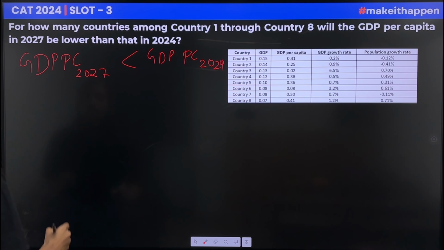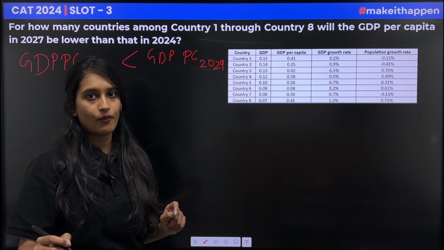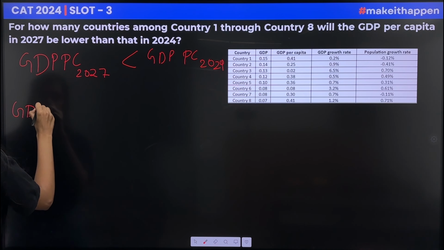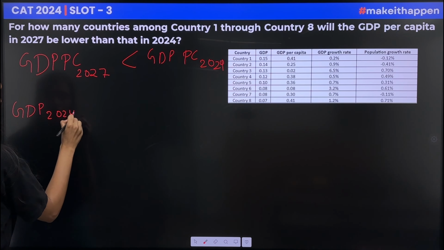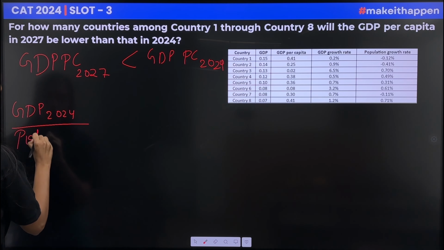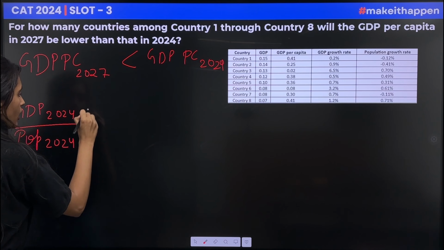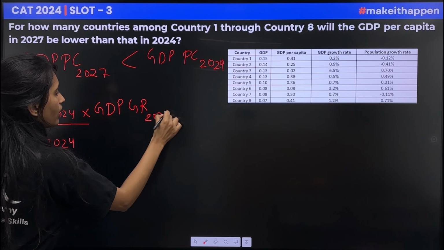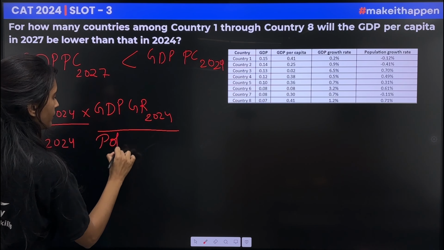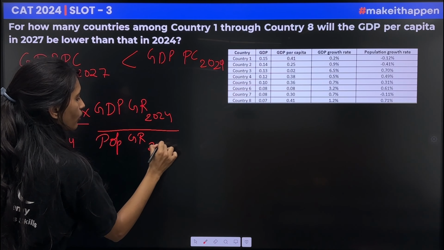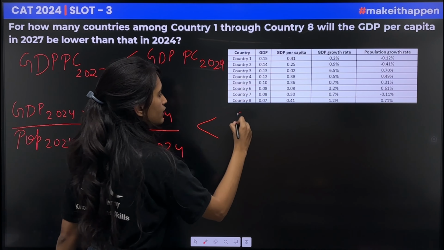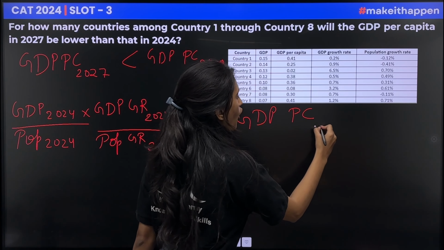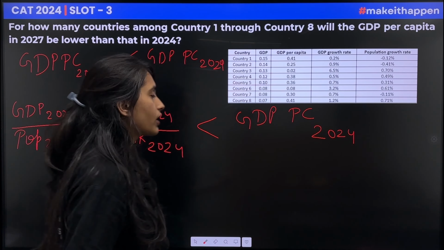Now GDP per capita 2027 will be equal to GDP of 2024 upon population of 2024 into GDP growth rate of 2024 upon population growth rate of 2024. I hope this is clear to you. It should be less than the GDP per capita of 2024.